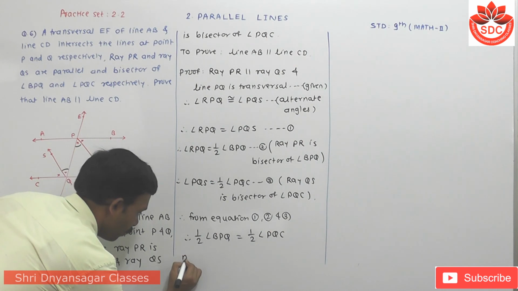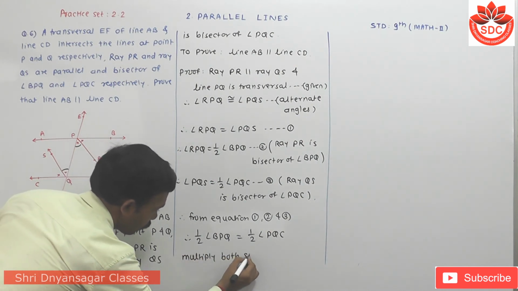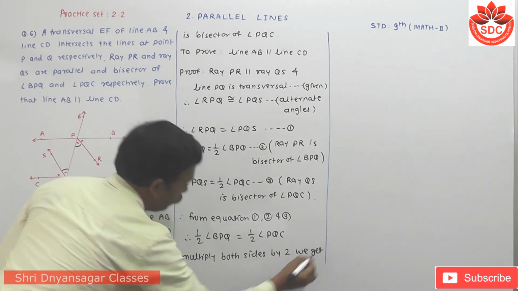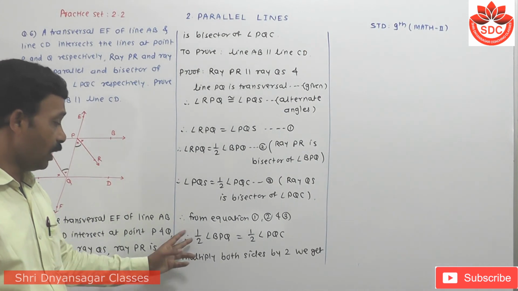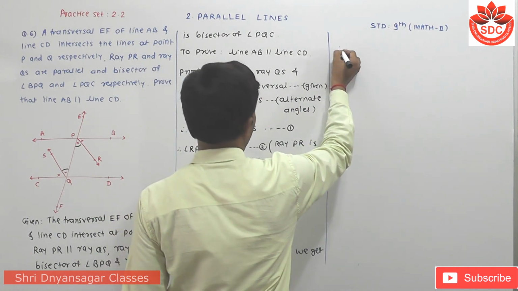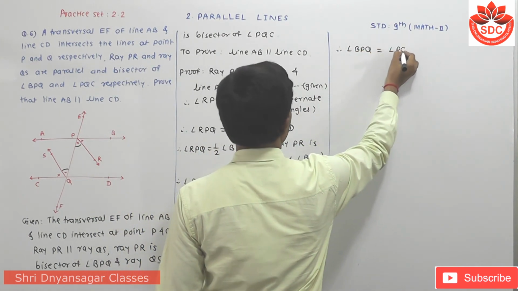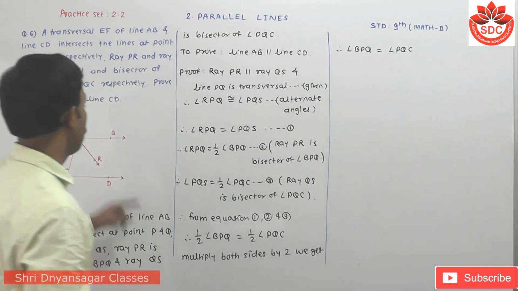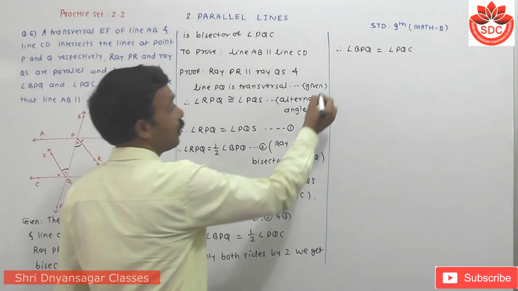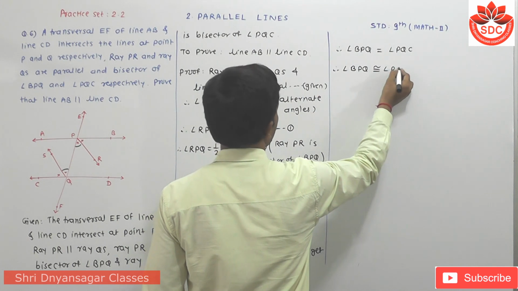Then multiply both sides by 2, we get. When we multiply by 2, this gets cancelled and these 2 also get cancelled. Means that angle BPQ is equal to angle PQC. If these two angles are equal, means that they are congruent. Therefore, angle BPQ is congruent with angle PQC.